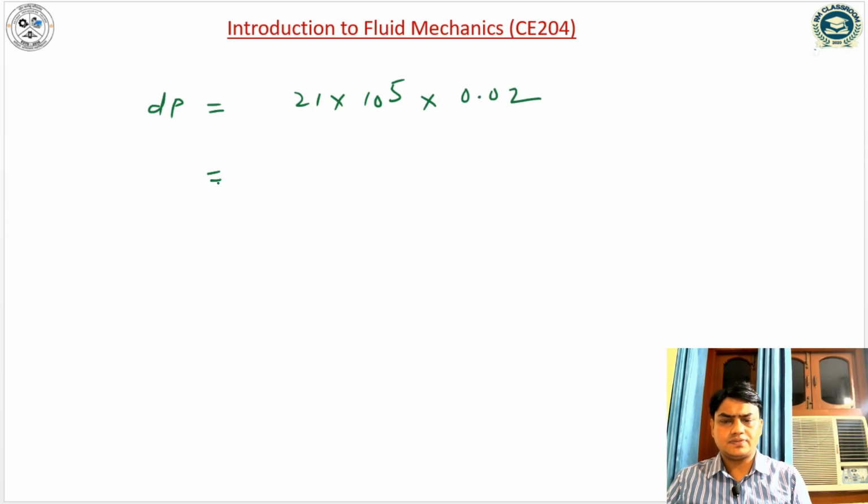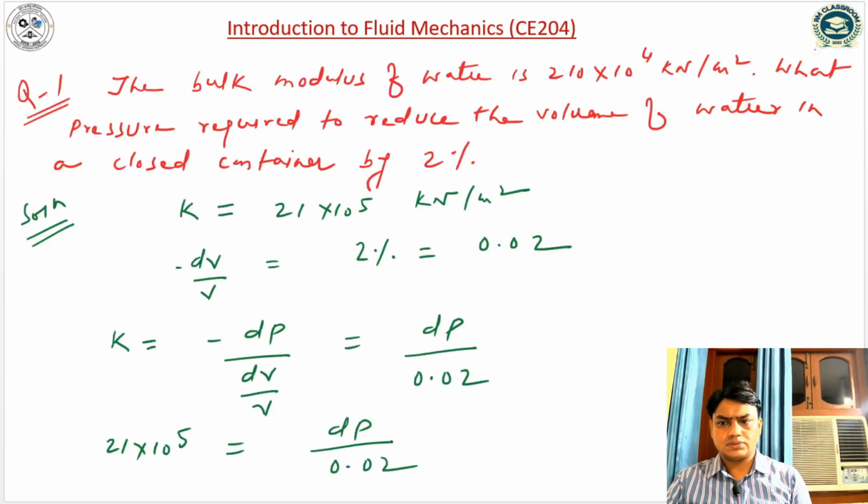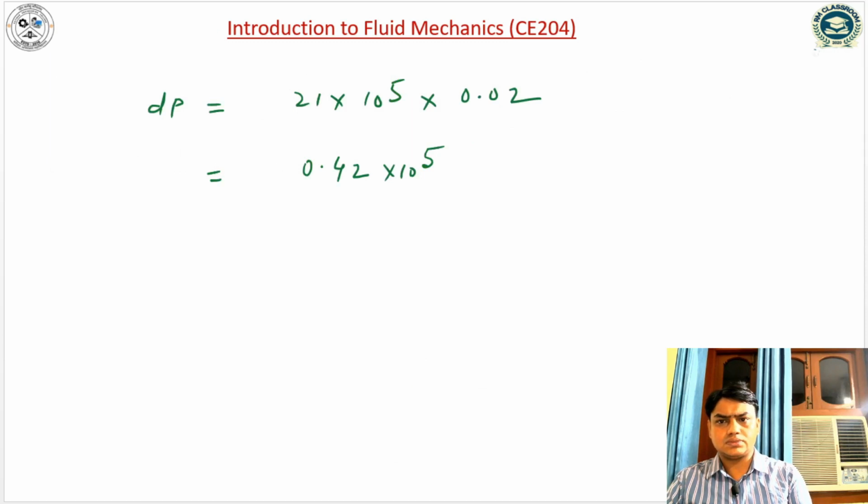So it will be 21 into 0.02, which is 0.42, so 0.42 into 10 to the power 5 kilonewton per meter square.